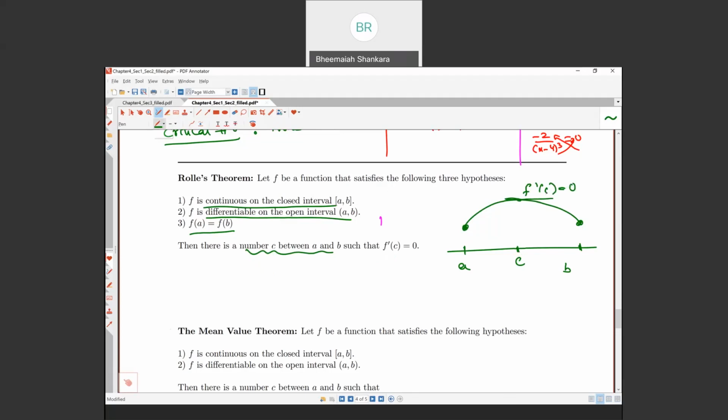So let me draw one more graph where I have endpoints as a, b, and I have several points like c1, c2, c3, and c4. So the curve here should look like this, which can satisfy this definition.